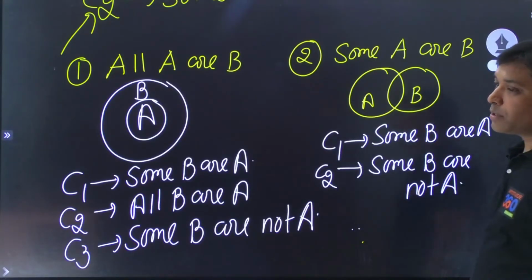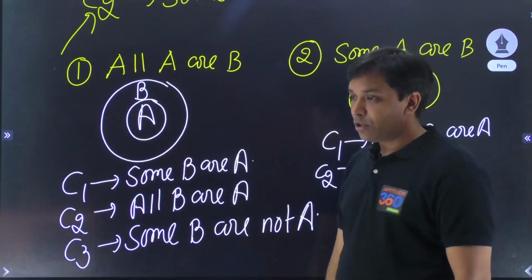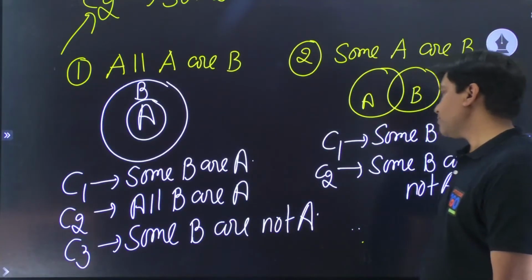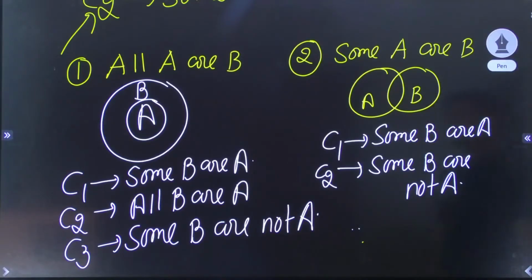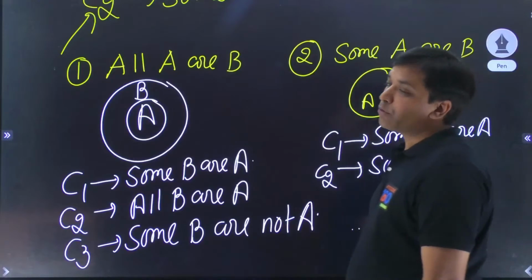What do you think is the conclusion, people, in the very first one? C1 and C3. Muskan says C1 and C3. Who else? Everybody says C1 and C3 in the first case. How about the second one?